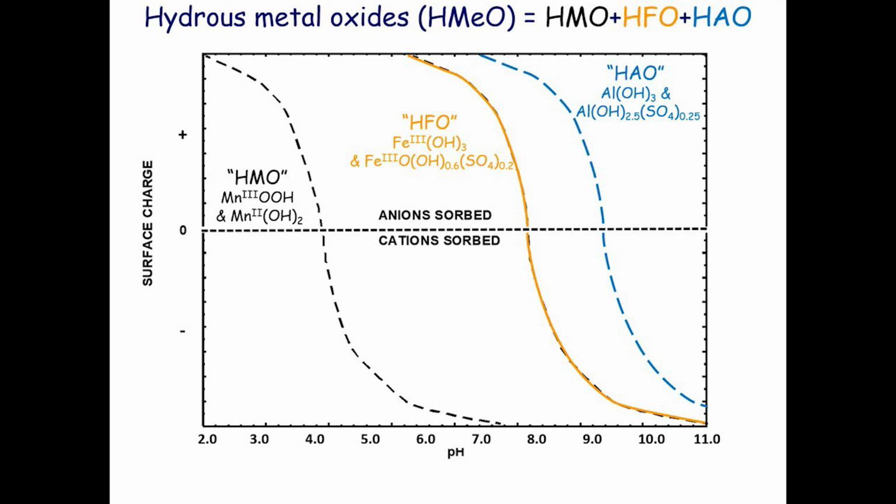So in the models presented herein, the manganese oxides are simulated to exist as these manganese +3 hydroxides, or the manganese hydroxides with a +2. And the iron oxide is the ferric hydroxide, or these hydroxysulfate compounds like schwertmannite.